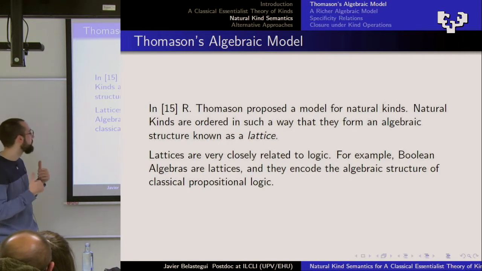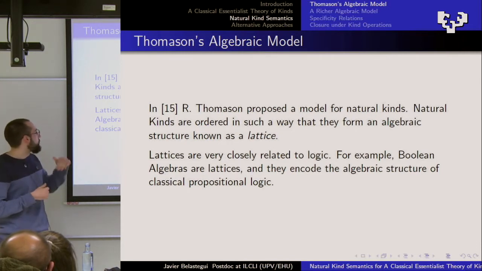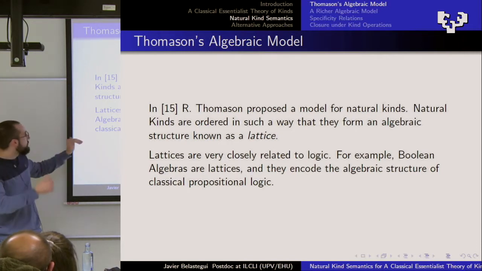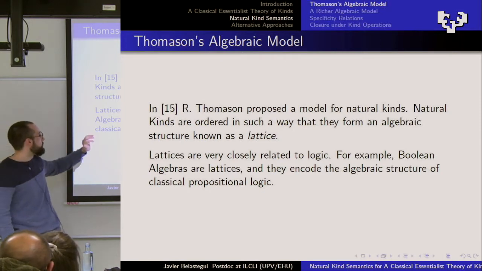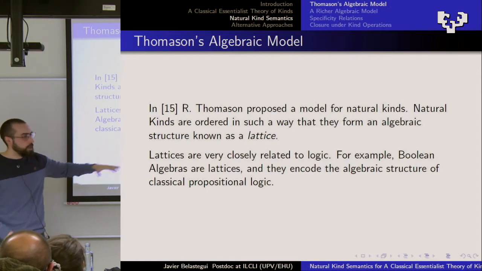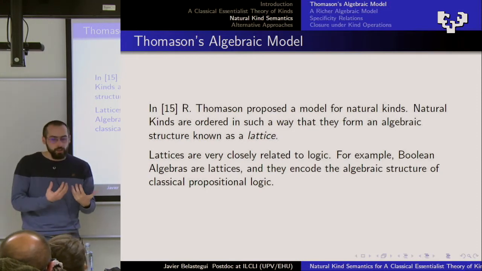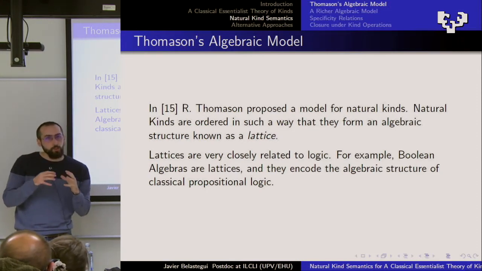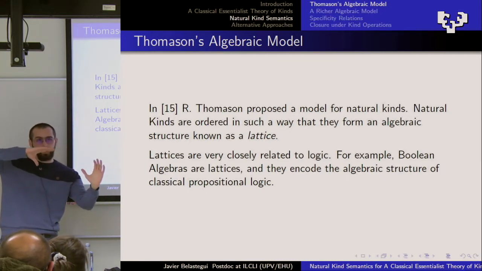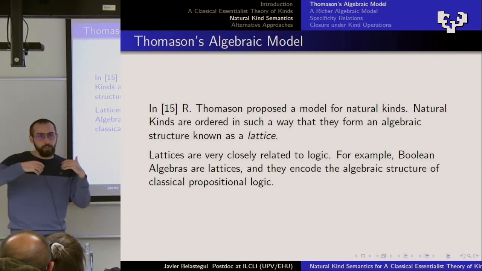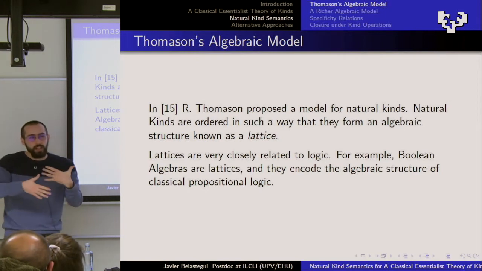They are okay. And so, for those who are not familiar with this, lattices are very closely related to logic. So, for instance, Boolean algebras are lattices. And basically, Boolean algebras give you the algebraic structure of classical propositional logic. So if you think about logical connectives, you get a feeling that they have some sort of algebraic behavior.